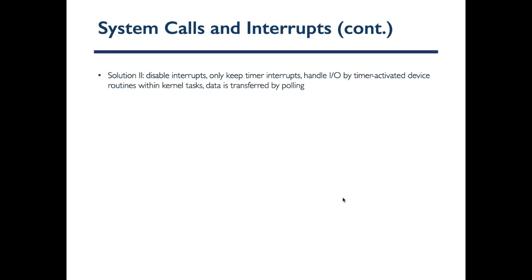The second option is, as before, disable interrupts. Again, don't let interrupts happen. Only keep the timer interrupt. But instead of putting the I/O device logic in all tasks, put them in specific kernel routines.